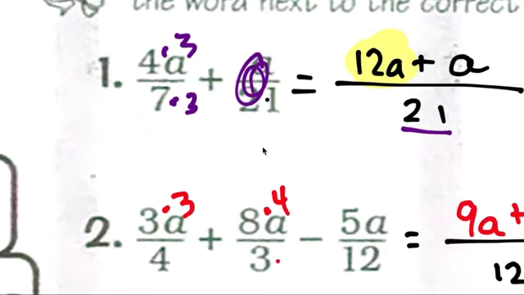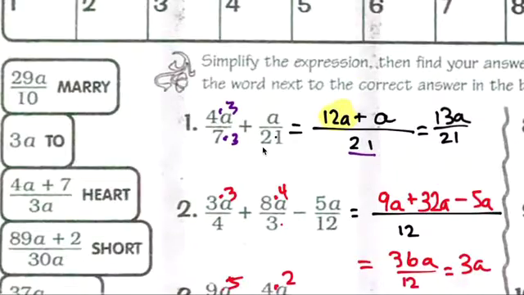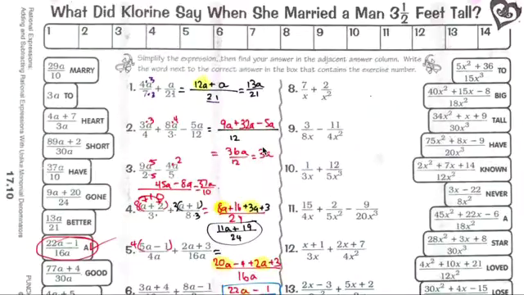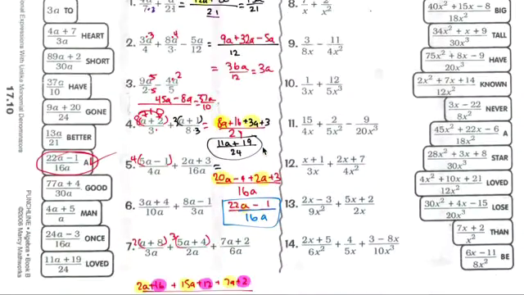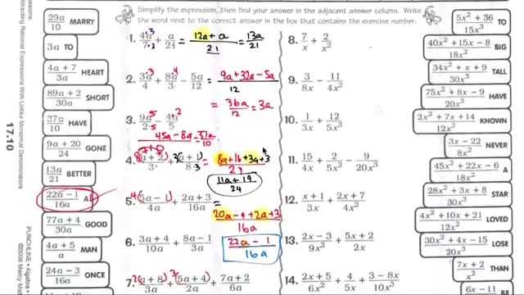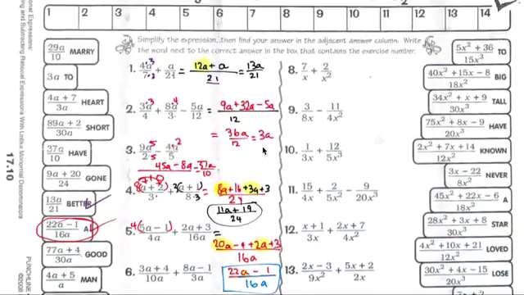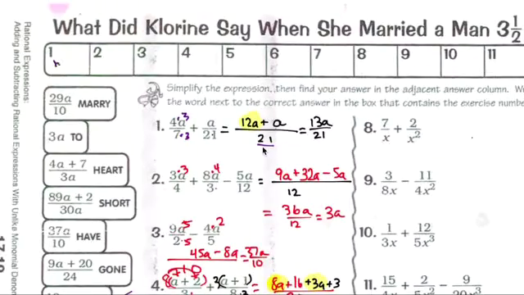That isn't missing anything, so we just copied that. Add it together, we get 13A, and then we mark, find the answer, which is somewhere here. Here, right there. So number 1, you write better.